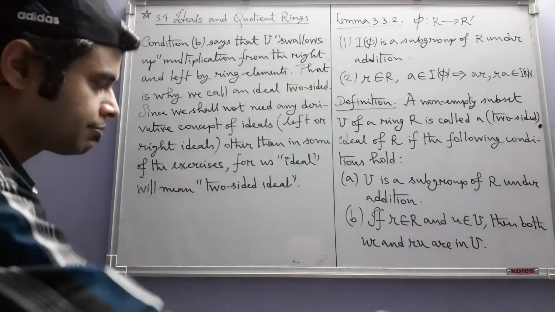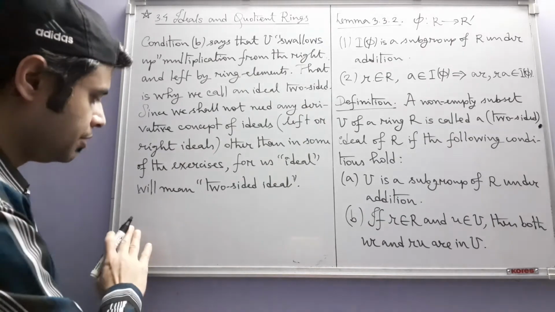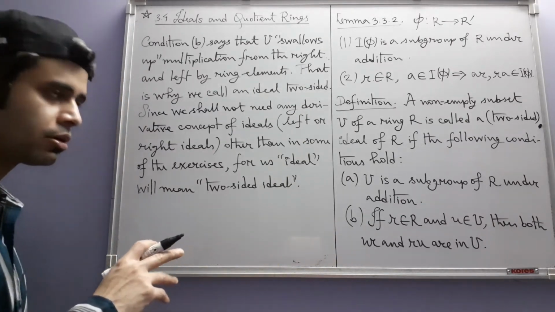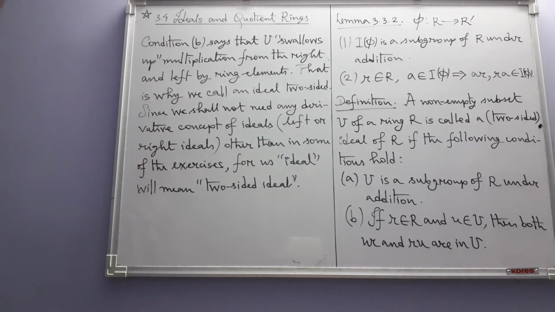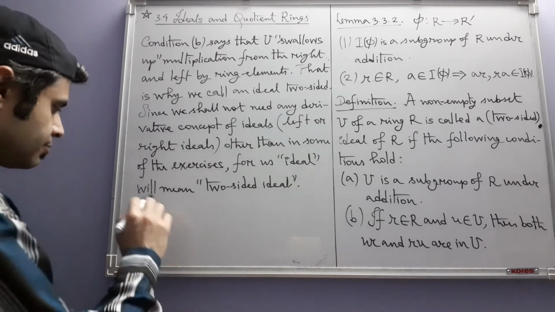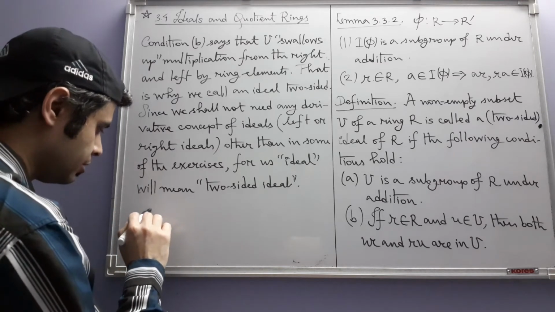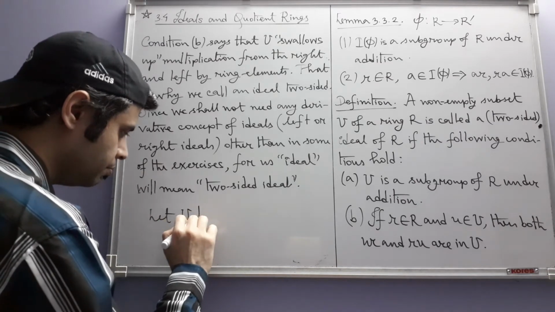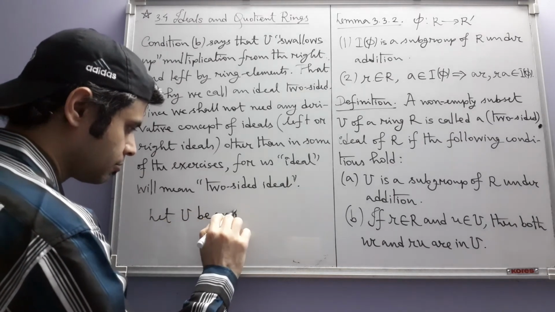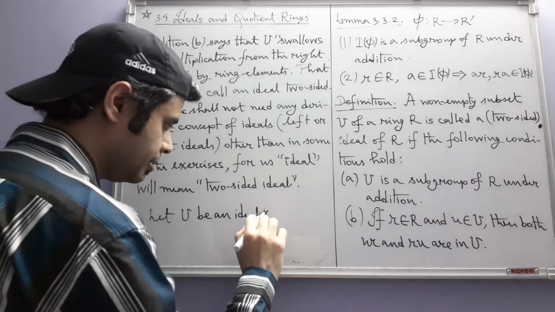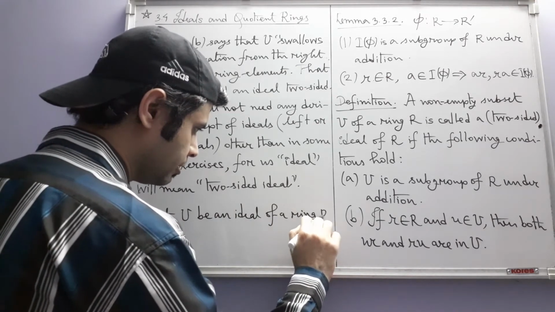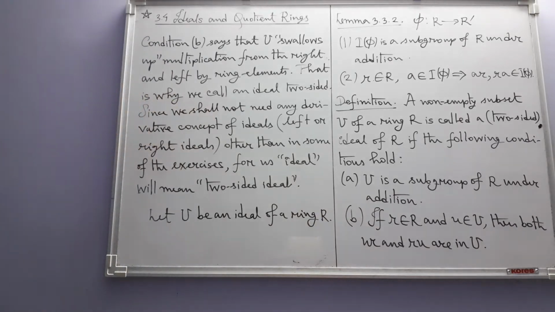So now that we have the concept of ideals, we are going to try to construct some sort of quotient ring of a ring by an ideal. So that's what we are going to do next. Okay. So let U be an ideal of a ring R, right?